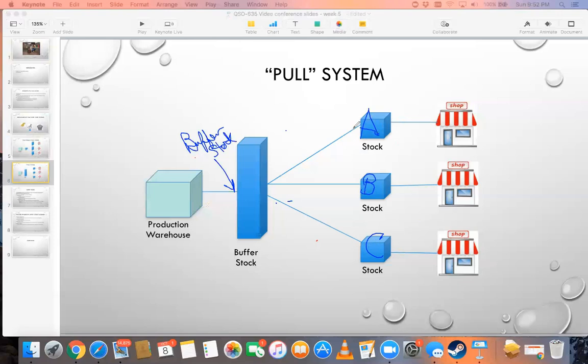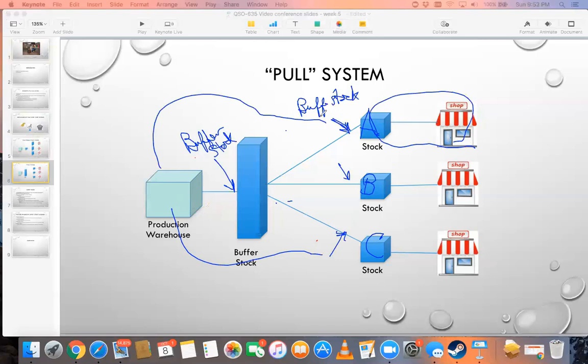I honestly don't know enough about axles to know. But we would just put in another buffer stock here to account for differences in demand specific to this product here. We would put one here also, and one here also. And these would be provided from here. Okay.